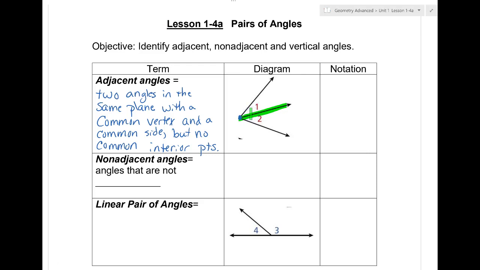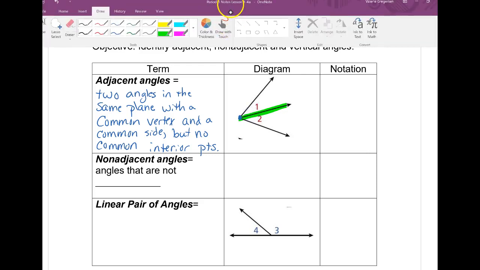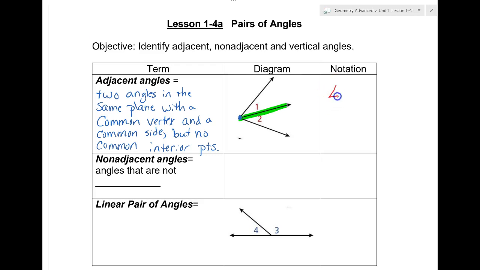So in this case, we know angle 1 and angle 2 are adjacent angles. Now, another way of thinking about it, and you guys don't need to write this down because I think it might confuse you a little bit more, but what if I put in angle 3? My question for you: are angle 3 and angle 2 adjacent?